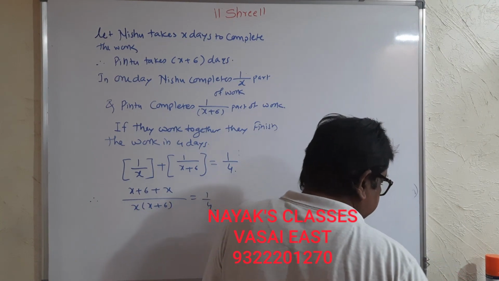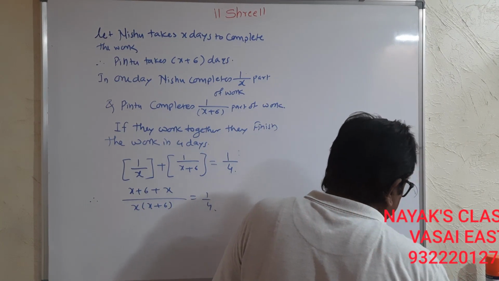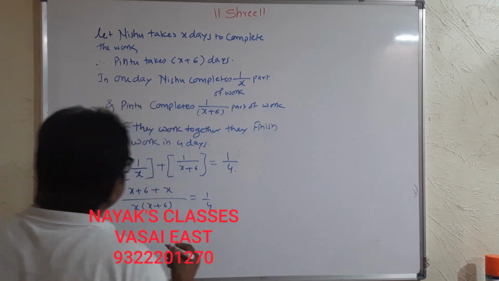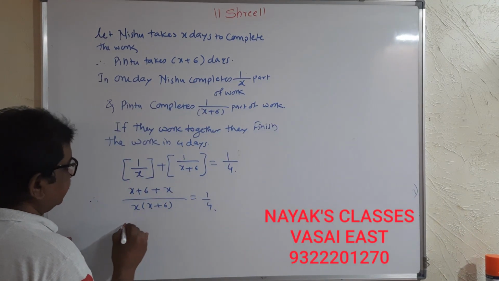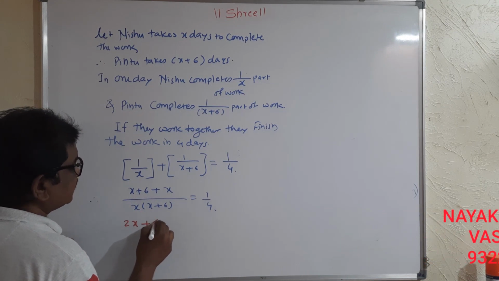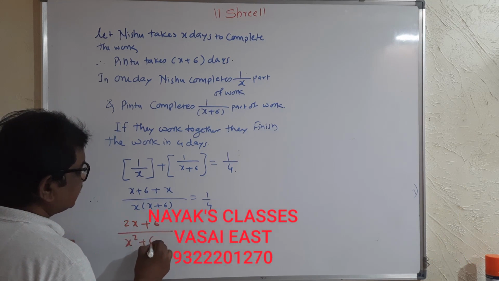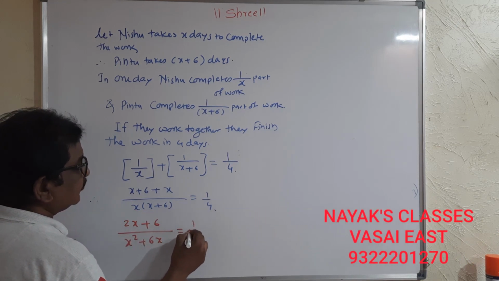Now to make the quadratic equation, we have to solve this. So this will be 2x plus 6 upon x square plus 6x is equal to 1 by 4.